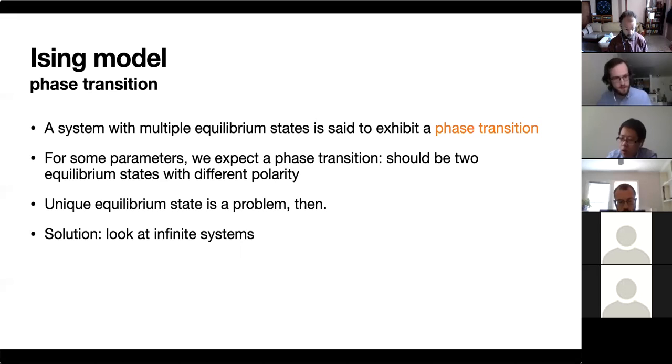And the standard solution is to instead look at infinite systems. So we're kind of blaming the problem on the system being too small.